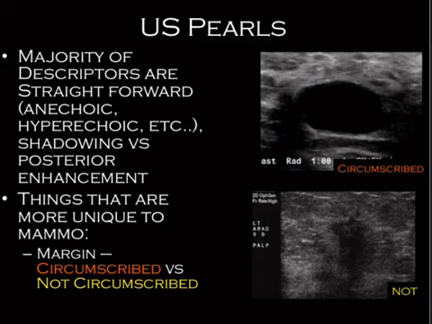I encourage you, you can read it in my book, or you can Google it, look at the most recent BIRADS vocabulary set, and be familiar with all the different words. It's pretty straightforward, you just have to memorize it.